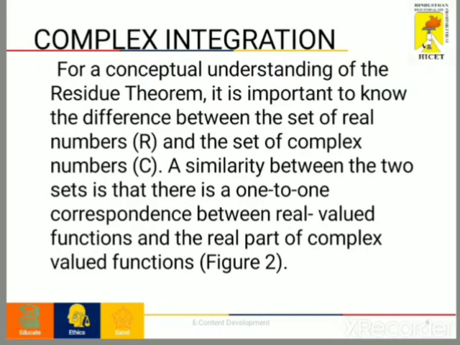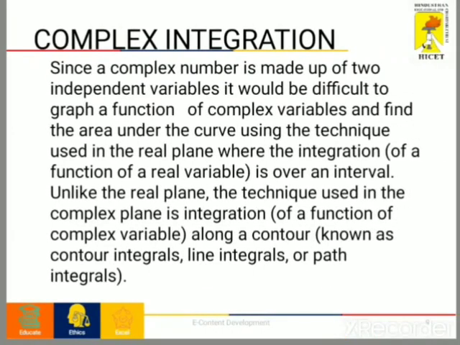A similarity between the two sets is that there is a one-to-one correspondence between real valued functions and the real part of complex valued functions, as in figure 2. Since a complex number is made up of two independent variables, it would be difficult to graph a function of a complex variable and find the area under the curve using the technique used in the real plane, where the integration is over an interval.